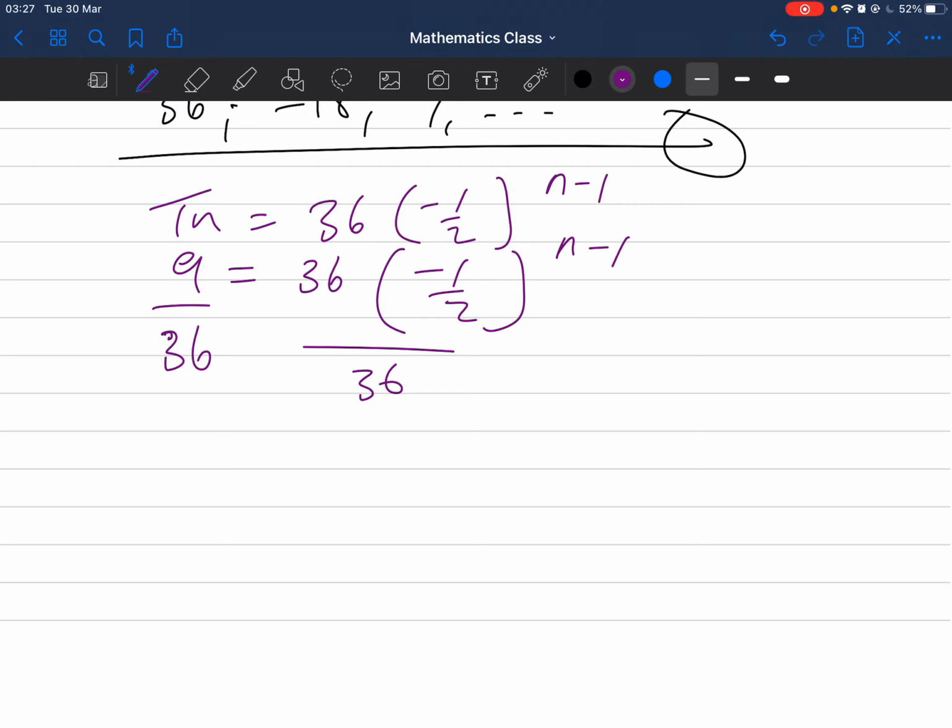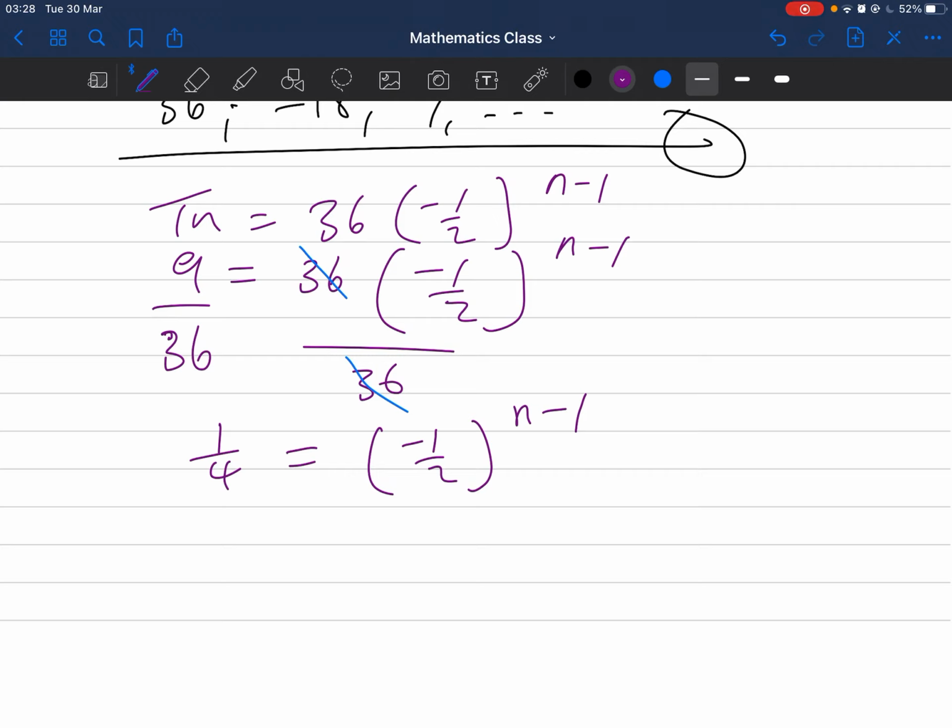If you take your calculator, 9 over 36 for the left hand side, you're going to have 1 over 4, and then 36 and 36 cancel, and you have negative half to the power n minus 1.